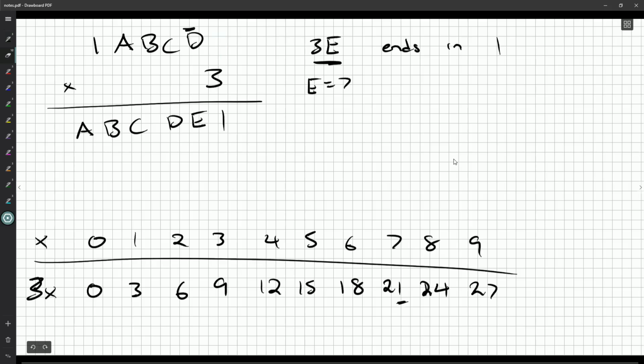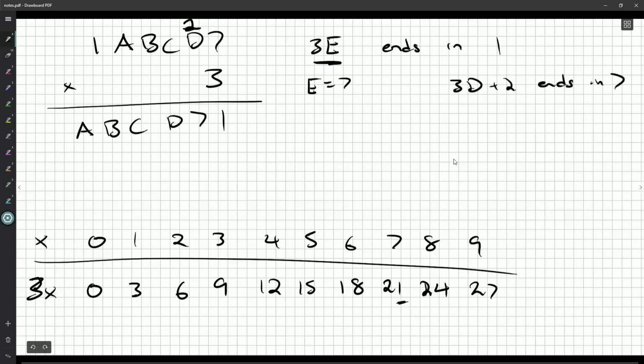So now, instead of this E and this E here, we can put in 7. So 3 times 7 is 21, which ends in 1, and we carry a 2. 3 times D plus 2 ends in a 7. It isn't equal to 7 necessarily, but it ends in a 7.